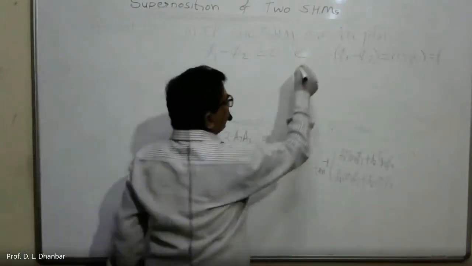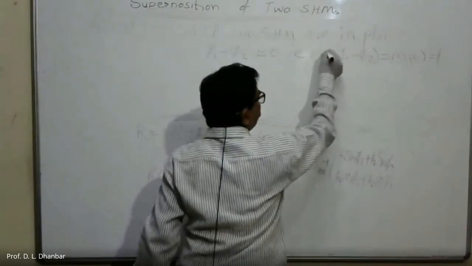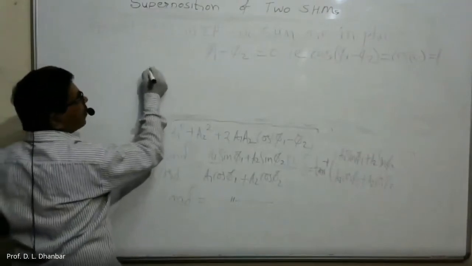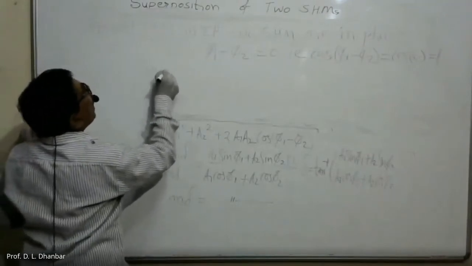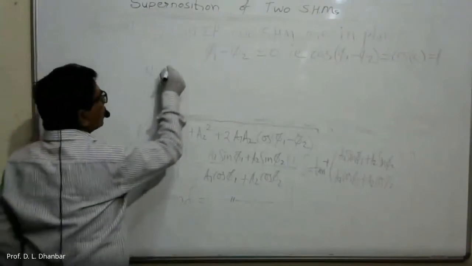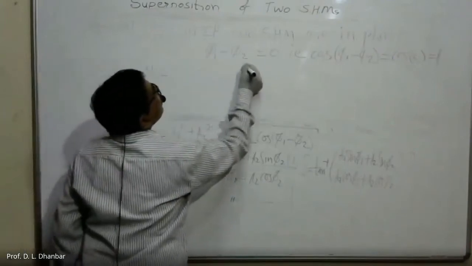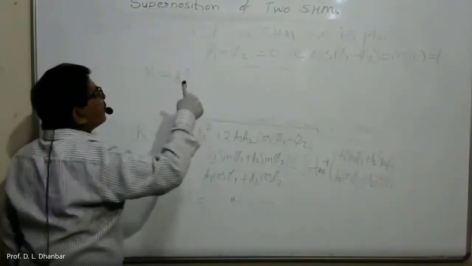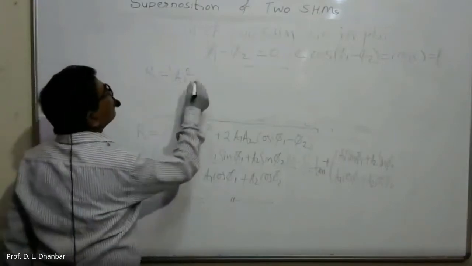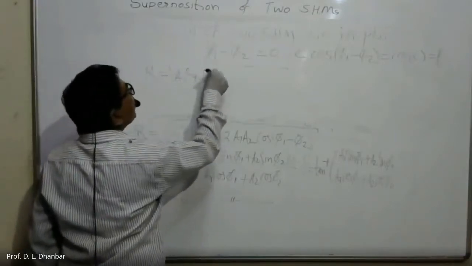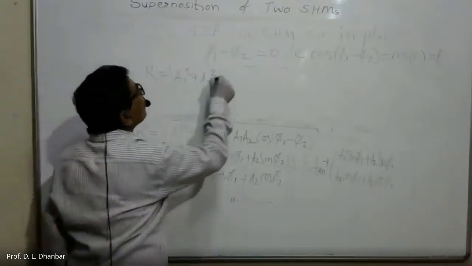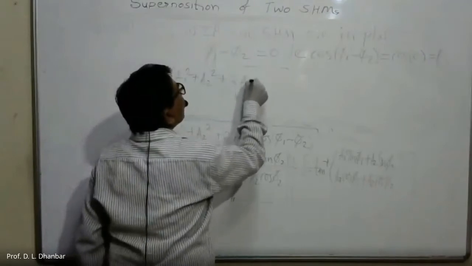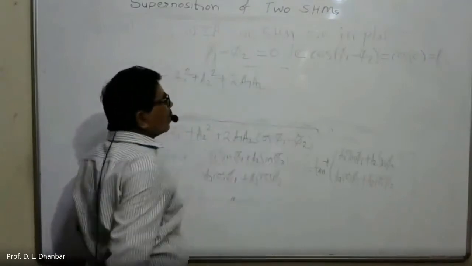So this equation takes the form: capital R is equal to under root a1 square plus a2 square plus 2 times a1 a2 cos of phi 1 minus phi 2.